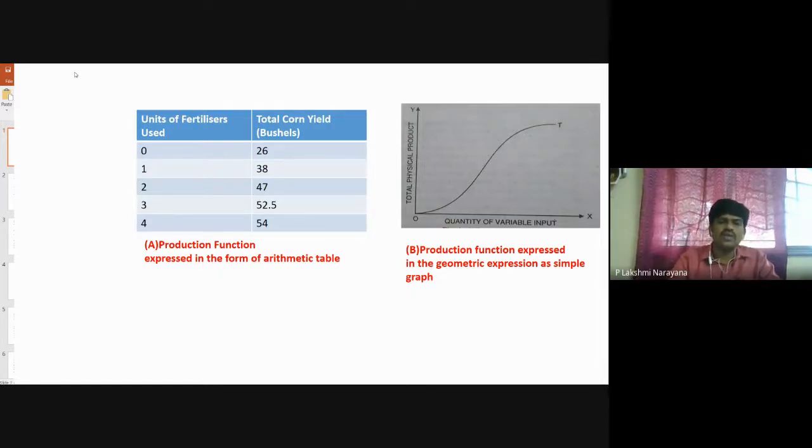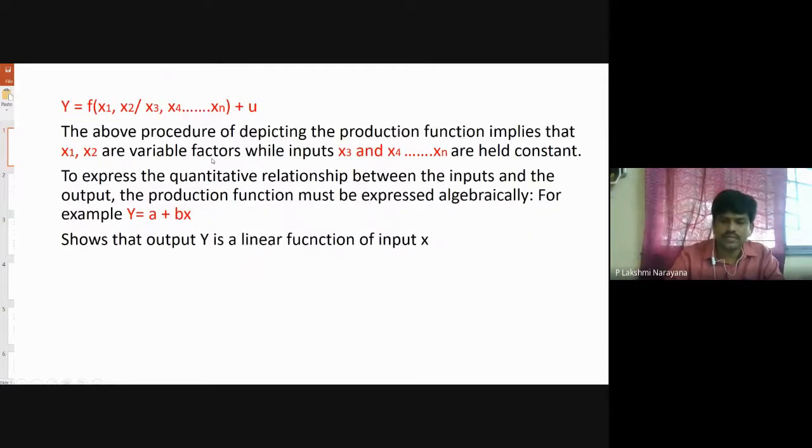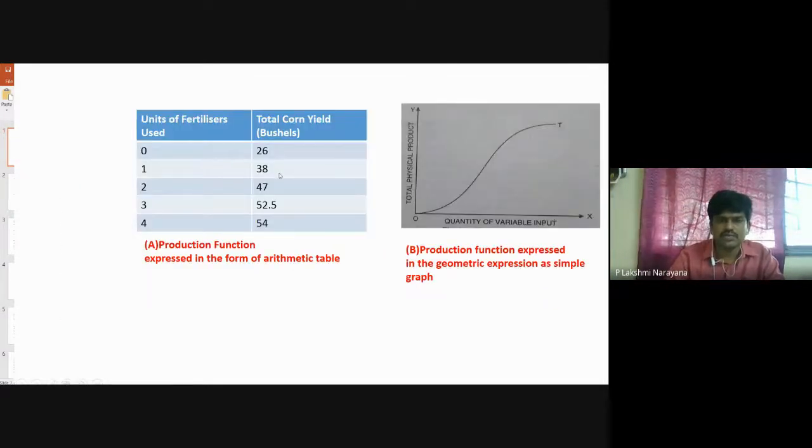Here, units of fertilizers used. At 0 units, the total corn yield is 26. So the farmer wants to use 1 unit of fertilizer. Then the total corn increased to 38 units.